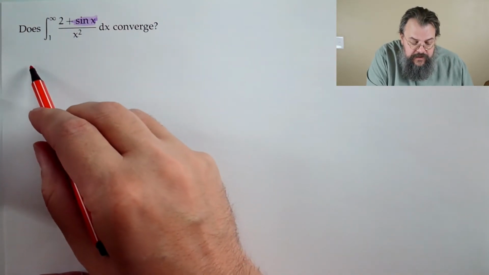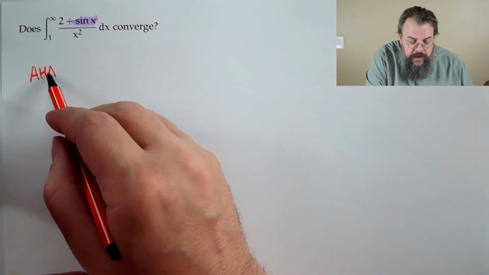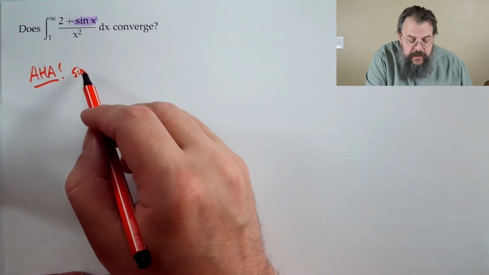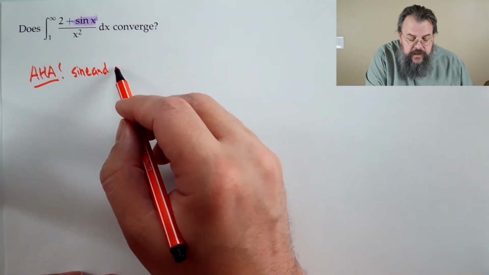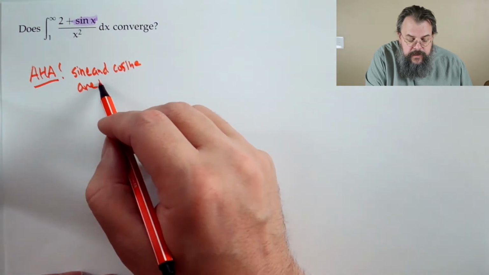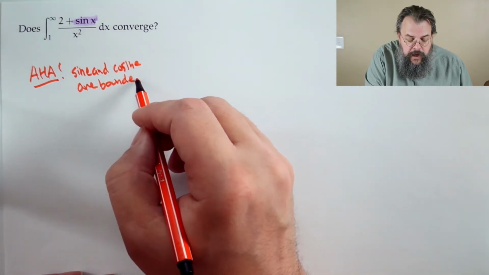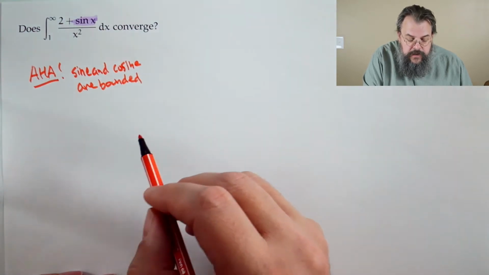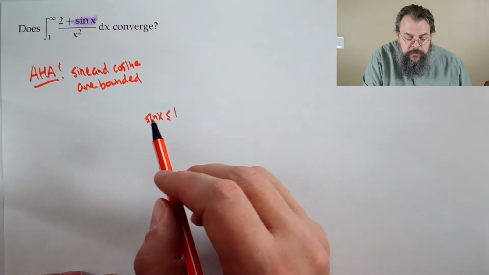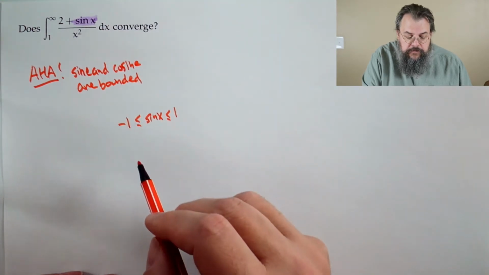So this is an important idea. Well, in fact, it's so important, we'll write it down. So aha, sine and cosine are bounded. So how do we use that? Well, let's just build it up. Sine of x is between 1 and -1.